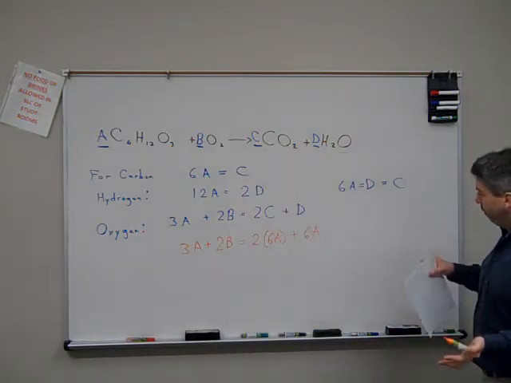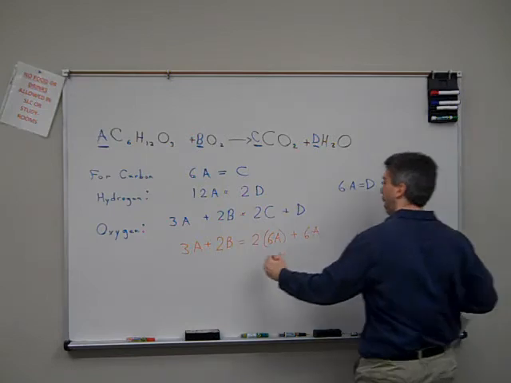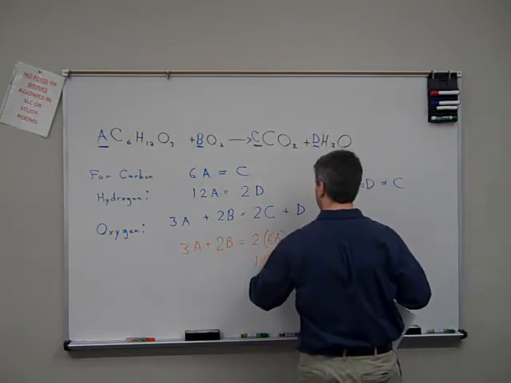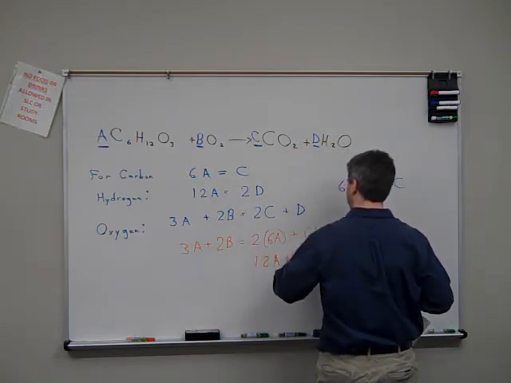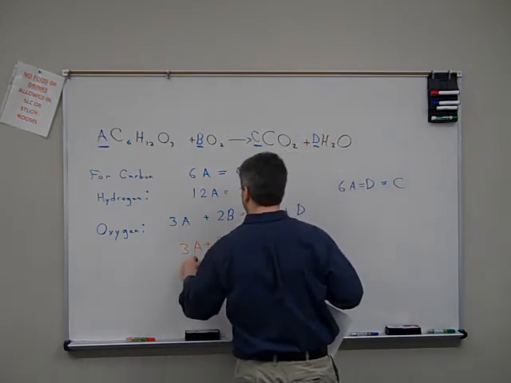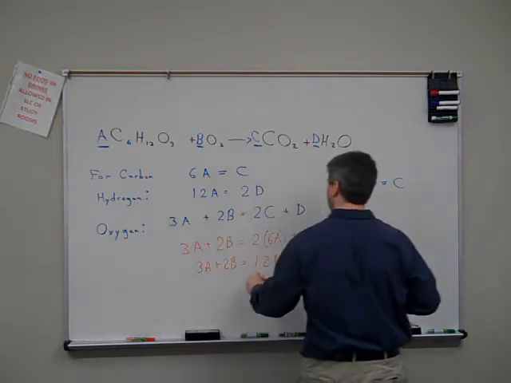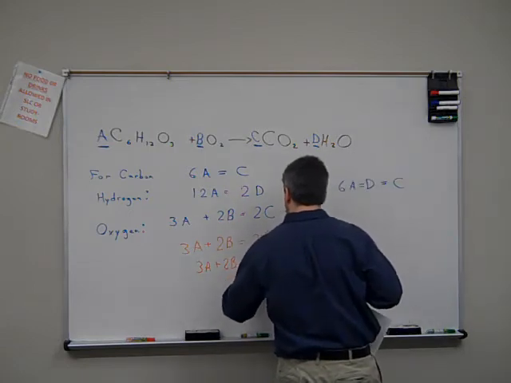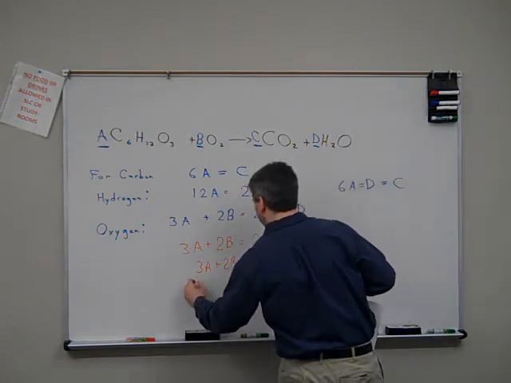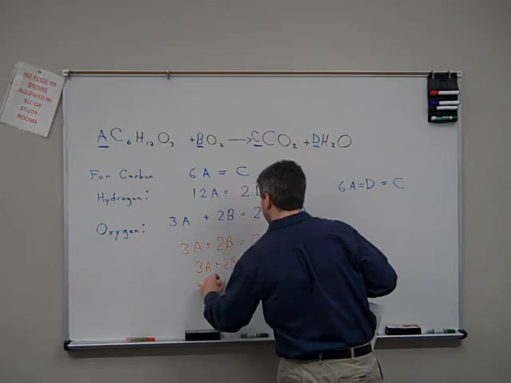And then I'll get 12A plus 6A is equal to 3A plus 2B, which of course gives you 18A is equal to 3A plus 2B.